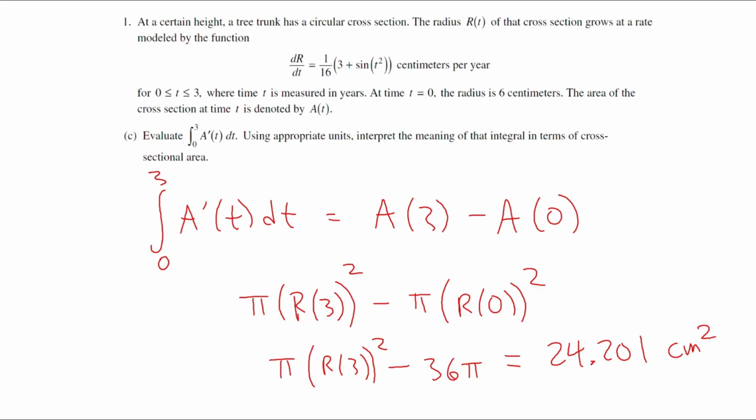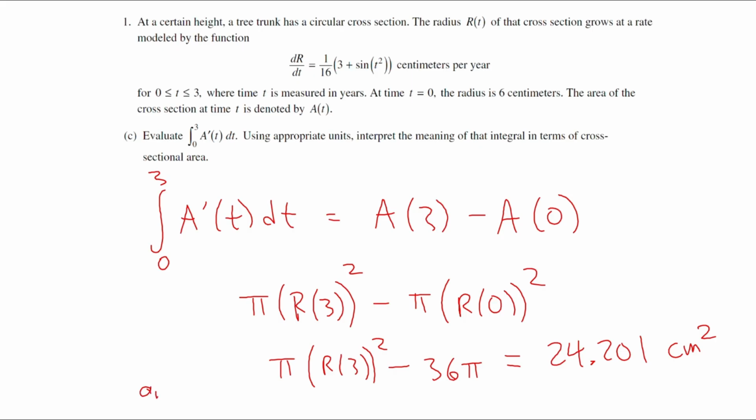And it asks us to interpret the meaning of this. Well, this is how much the cross-sectional area is growing from 0 to 3. If a prime is the rate of change of the cross-section, then this integral is the amount it changes.